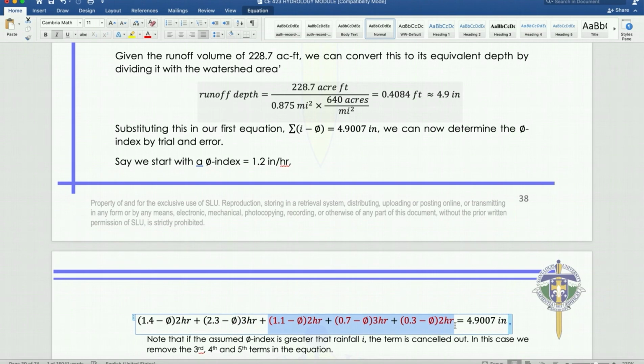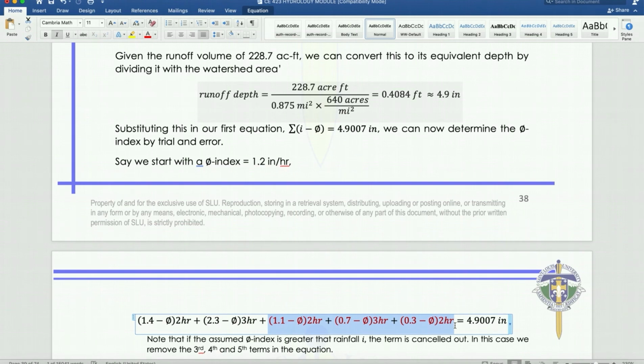Okay? So, bring out your calculator. 1.4 minus alpha x times 2 plus 2.3 minus 1.2 times 3 is equivalent to ilan? Is equivalent to 4.9. Shift solve. No, wait. We have 1.4 minus alpha x times 2 plus 2.3 minus alpha x times 3 is equivalent to 4.9.